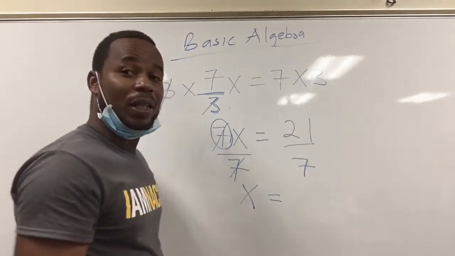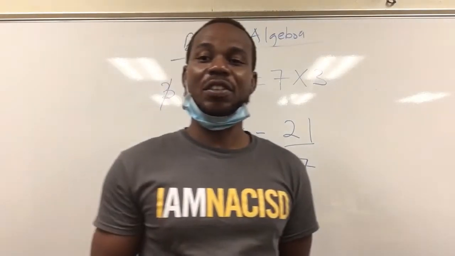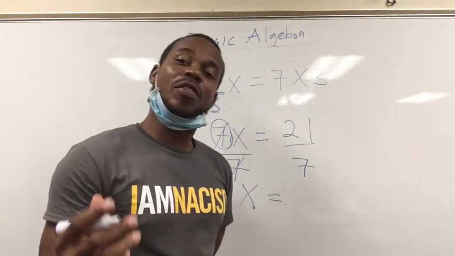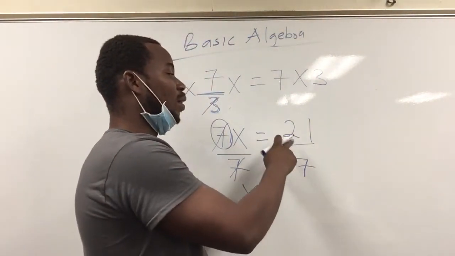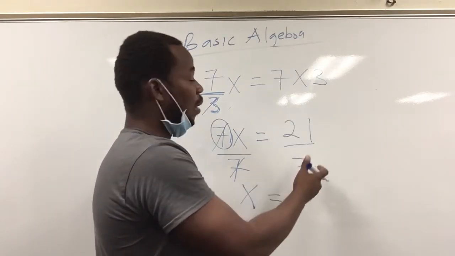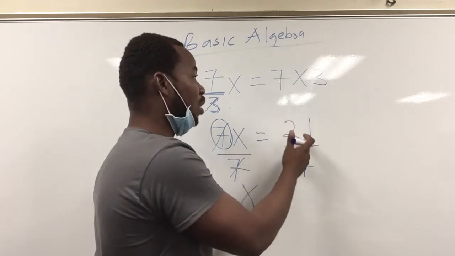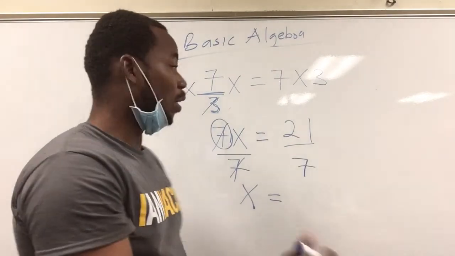Now I have $21, and I'm supposed to share it among 7 of my siblings. If 7 of your friends went out to get something to eat and the cost is 21, and you have to share the bill, how much will it be? Each of you will pay $3. That's how you have to think about it.